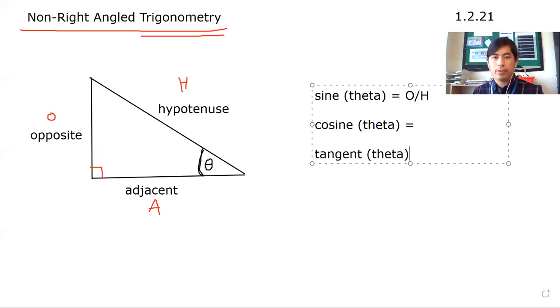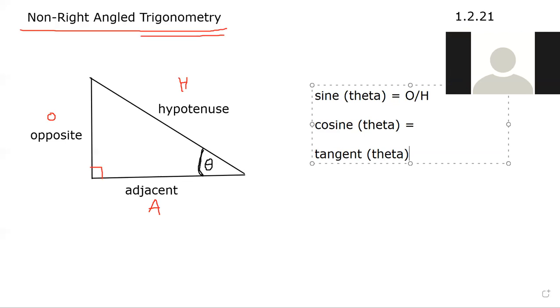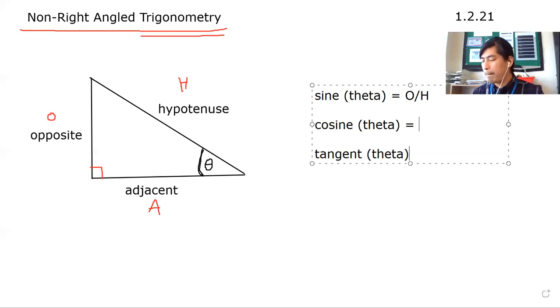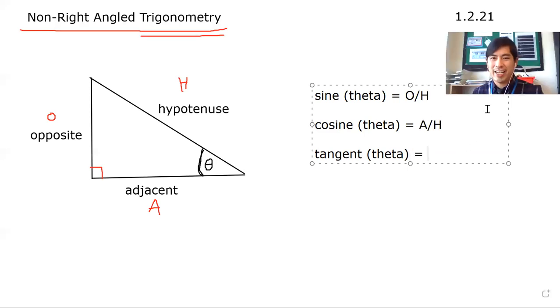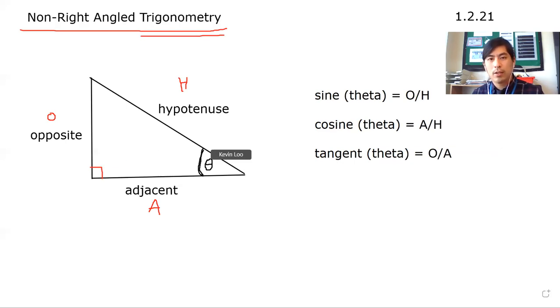Opposite divided by hypotenuse. Cosine was? Adjacent over hypotenuse. Good. And then the last one, tangent or tan theta, was opposite over adjacent. Okay.